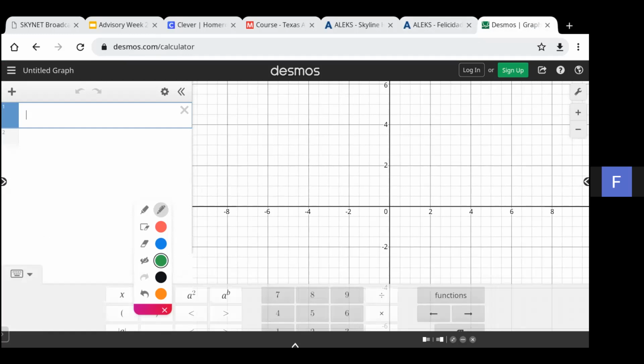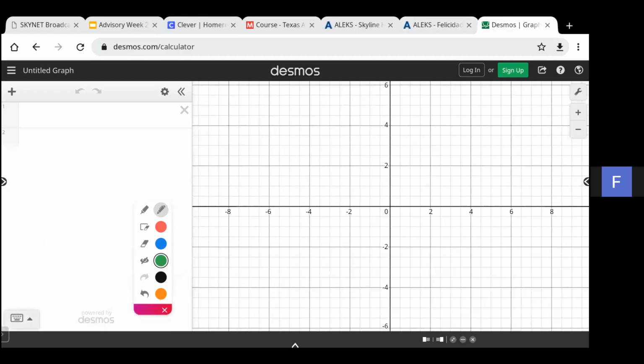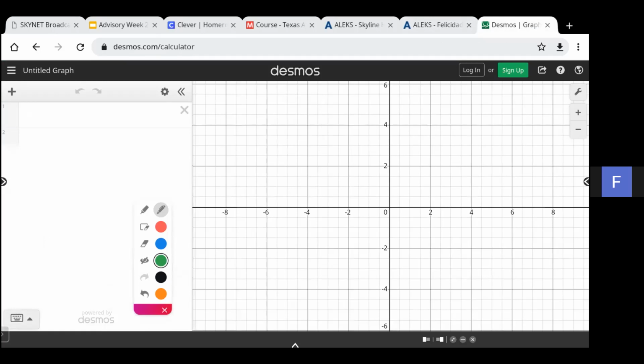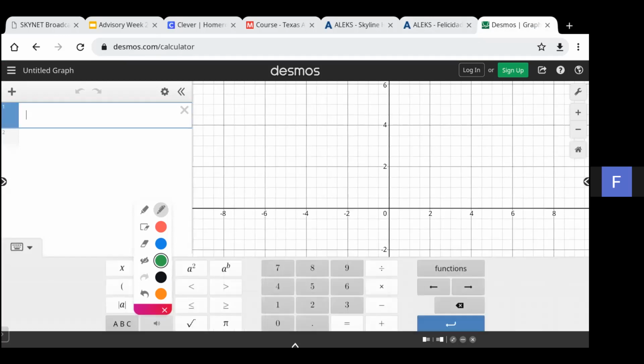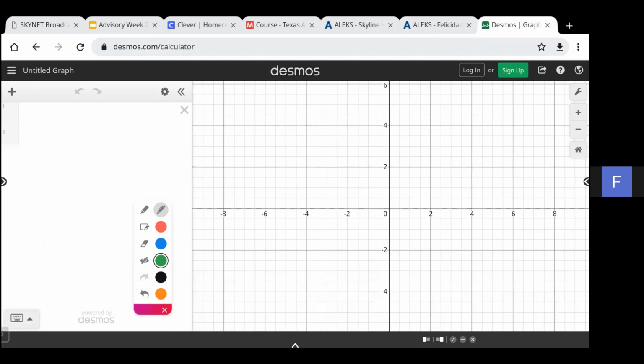I can already tell it's not going to want me to do it. Let me put in the 3. So what I'm going to do is switch screens to what's on my computer.